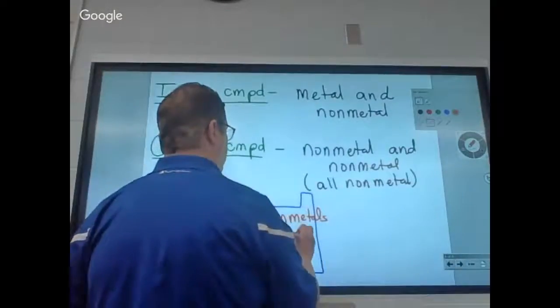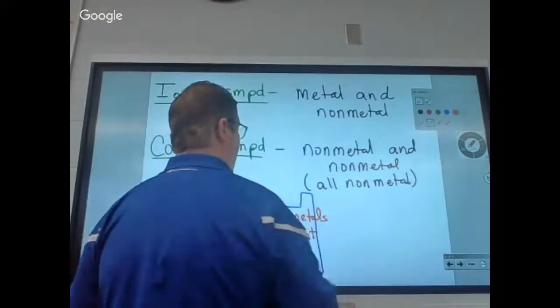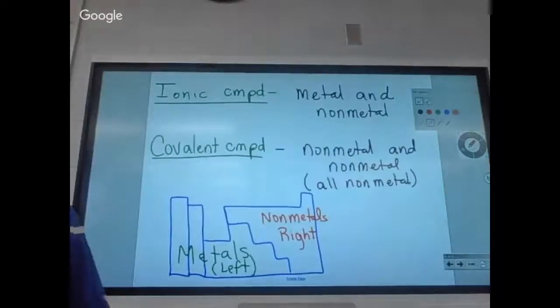Now, there's one glaring exception to that. What one element is the exception to that rule that we just talked about? Helium? Not that one, but I think you're thinking the right element. You just said it wrong.